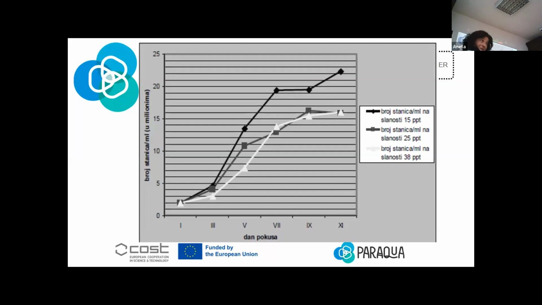Cylindrotheca is very good for aquaculture, but we found that some metabolic products are toxic to larvae, not to broodstock. So we could use it, and it worked very well for oyster broodstock.